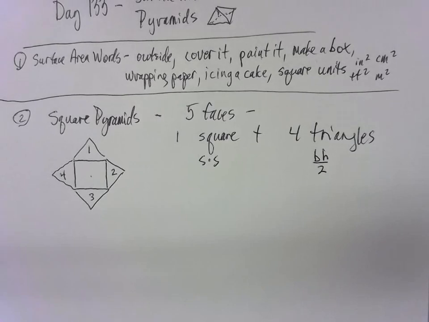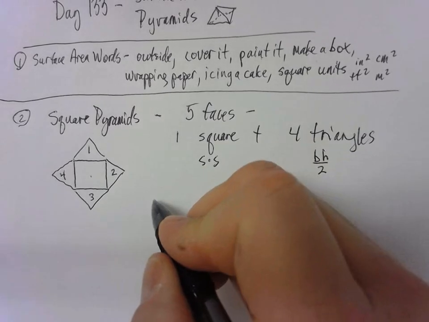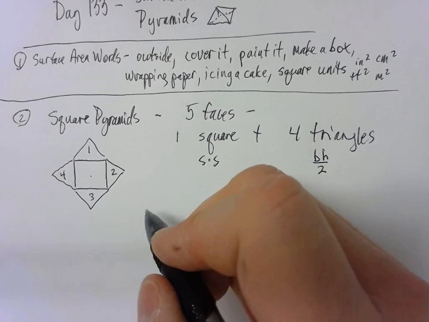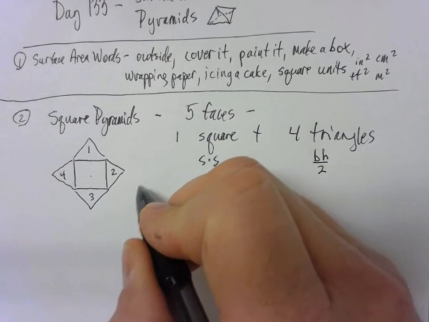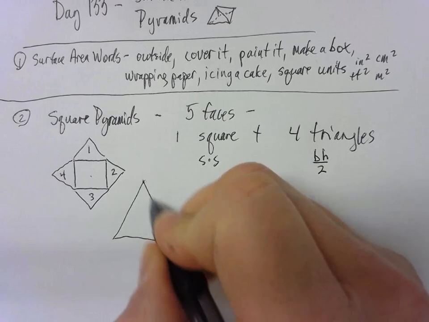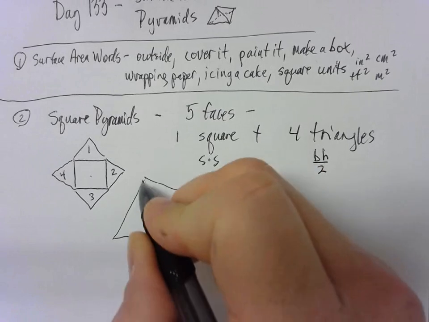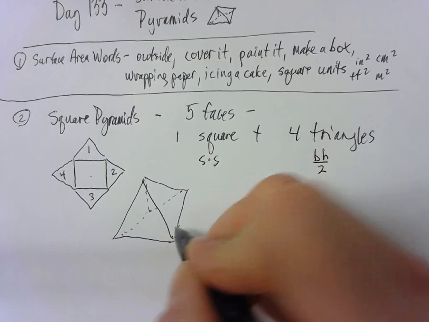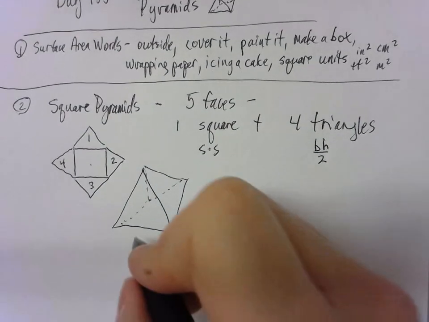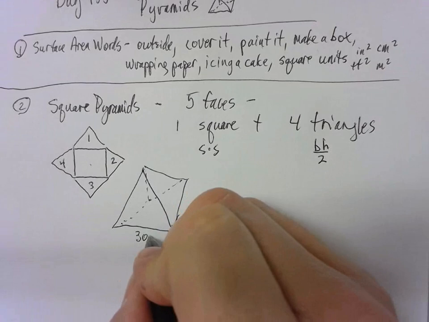Okay, so I'm going to draw the picture of a square pyramid for you. Let's say we got this square pyramid, dotted in there to give that little 3D effect. Let's say down here we knew this was 30 meters.